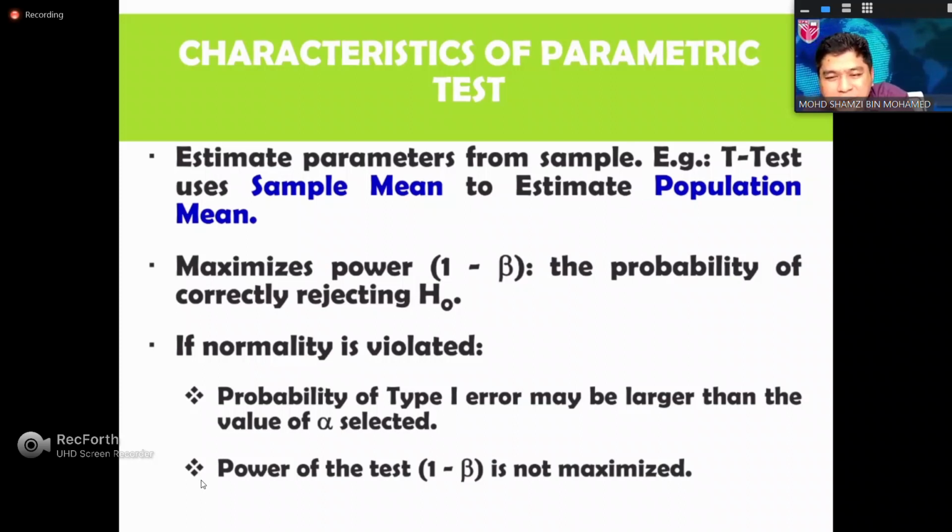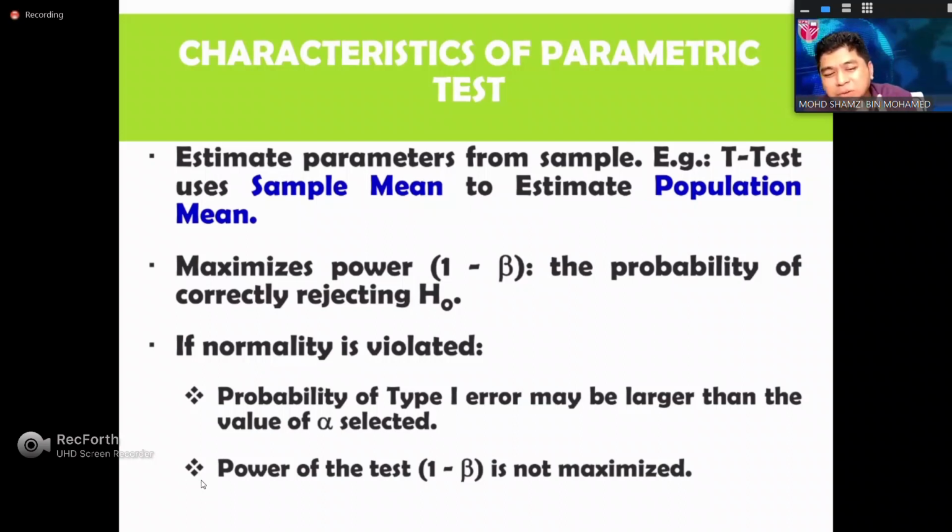If you remember, the alpha value or p value is the area under the curve. If you skew the data, you will change the curve, the curvature. So most probably, the type 1 error, which is the alpha, can be enlarged due to the skewness of your distribution.